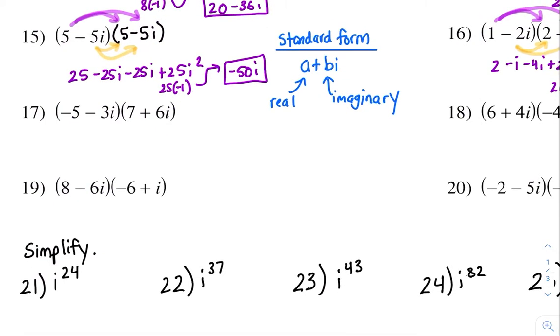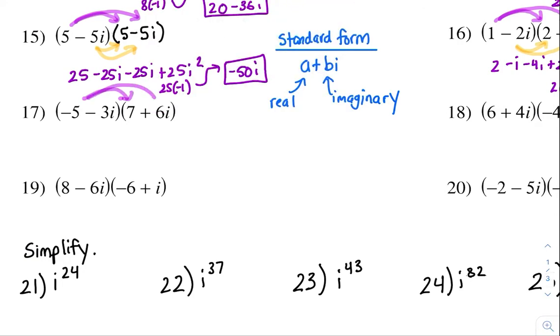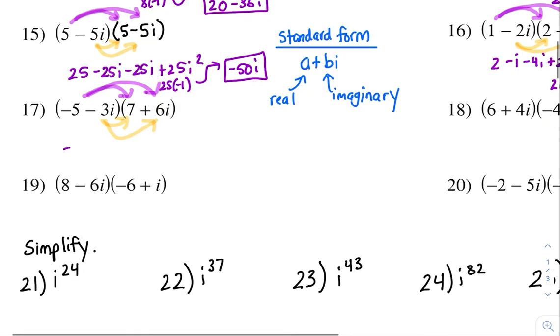17. So 17, distribute. So negative 5 times 7 is negative 35. Negative 5 times 6i is negative 30i. Negative 3i times 7 is negative 21i.